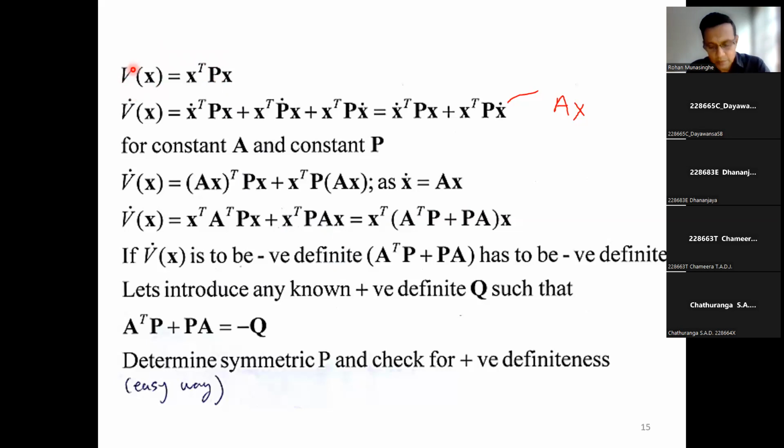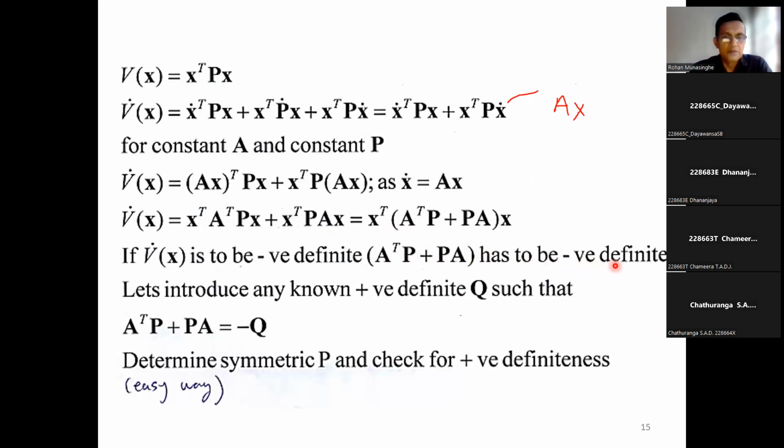That's the problem. Now together with A, this whole expression has to be negative definite. You start with positive definite P and this whole thing has to be negative definite.